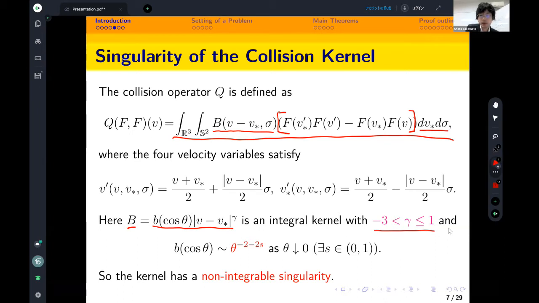When gamma is negative, we may have a singularity on this set, v equals v star, and b of cosine theta also has a singularity, this one.